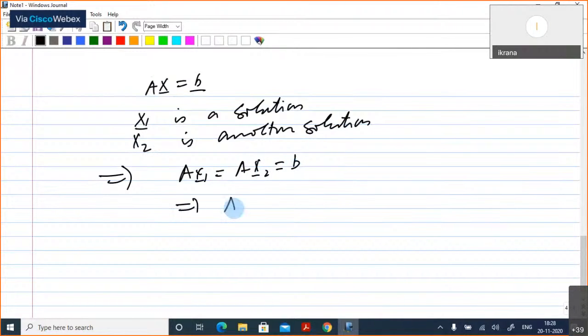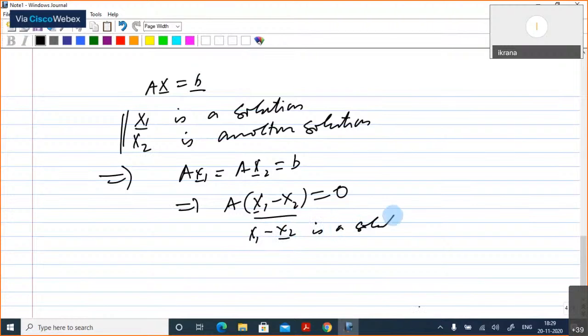So that implies A applied to x1 minus x2 is equal to 0. So if x1, x2 are solutions of the system, then x1 minus x2 is a solution of the homogeneous system. Okay. So this is how homogeneous system solutions are related.